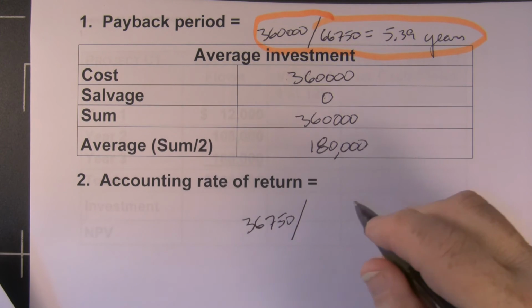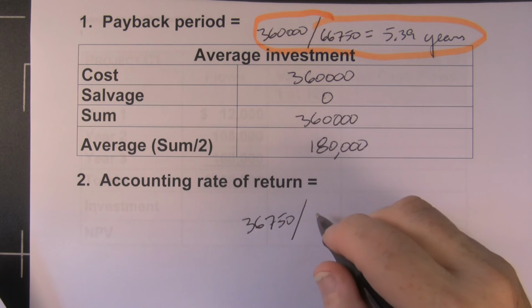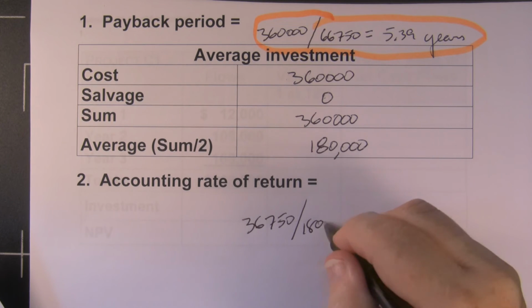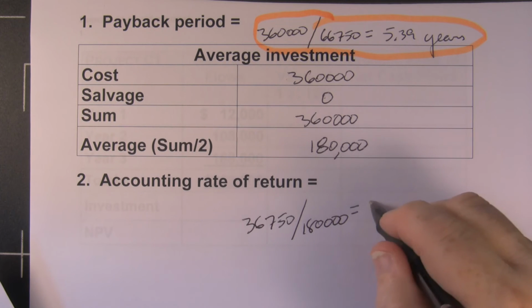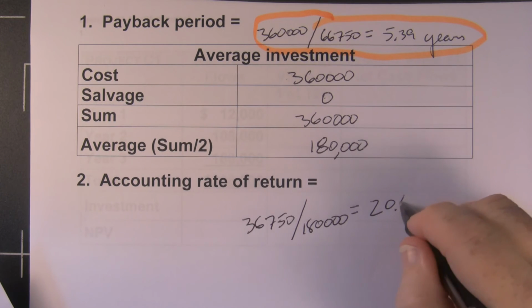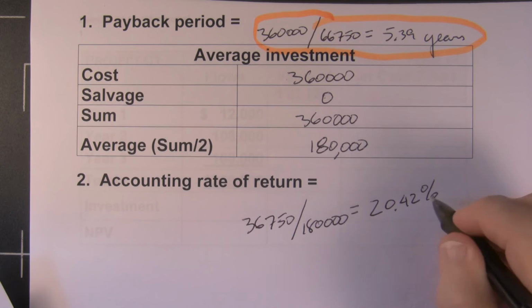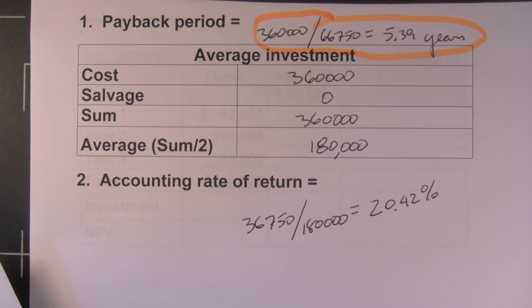And we're going to divide that by our average investment of 180. And our accounting rate of return is 20.42%.